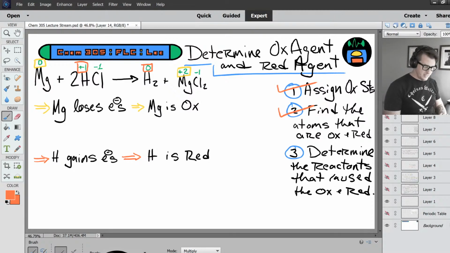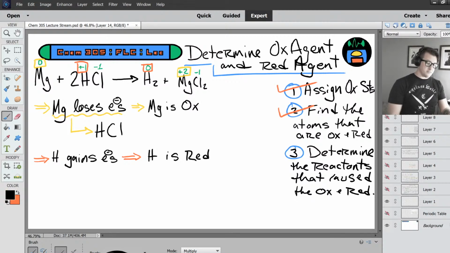Okay, so magnesium has lost electrons, so it's oxidized. Hydrogen has gained electrons, so it's reduced. Now, the question that we have to ask to do step 3 is, what reactant causes magnesium to lose electrons? The reactant that causes magnesium to lose electrons is HCl, hydrochloric acid. So hydrochloric acid is the oxidizing agent.